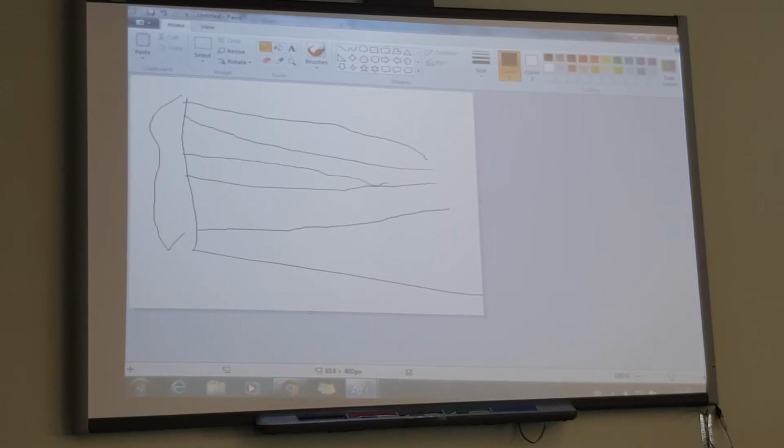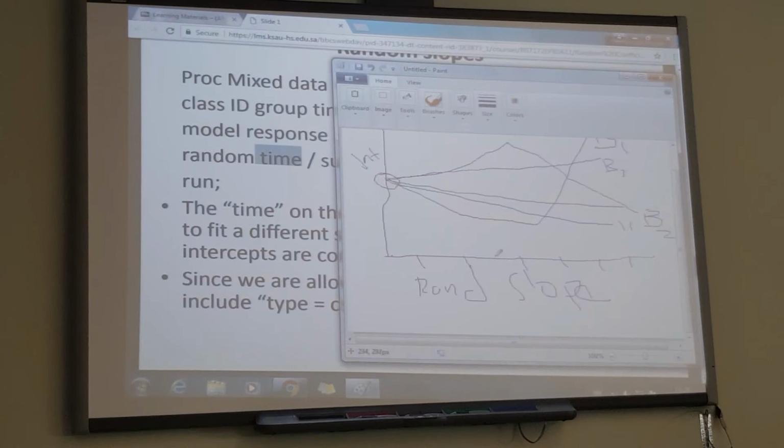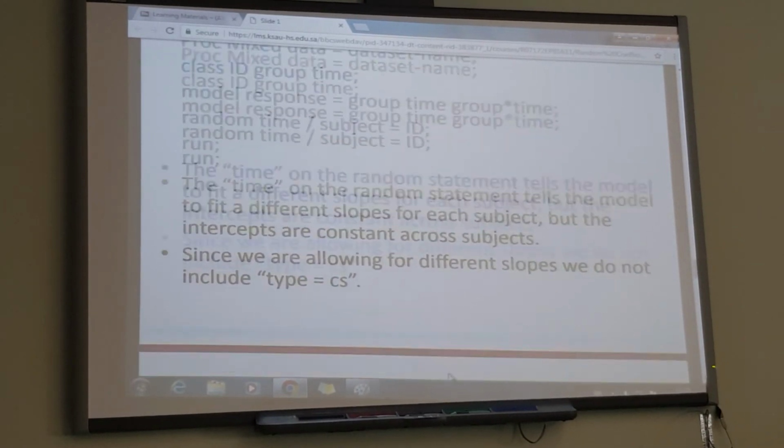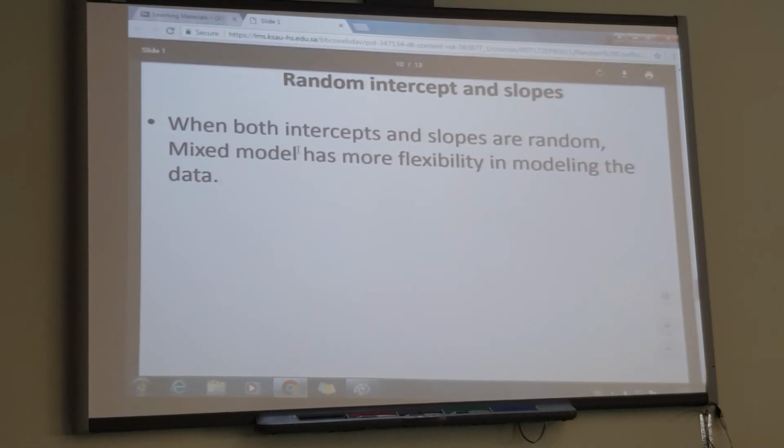Okay. Now another one, which is more flexible. Remember, just in this one, you need to remove the type equal compound symmetry, right? So now for this one, basically you are more flexible. You are assuming both the intercept and the slope are random. So the mixed model has more flexibility in modeling this.